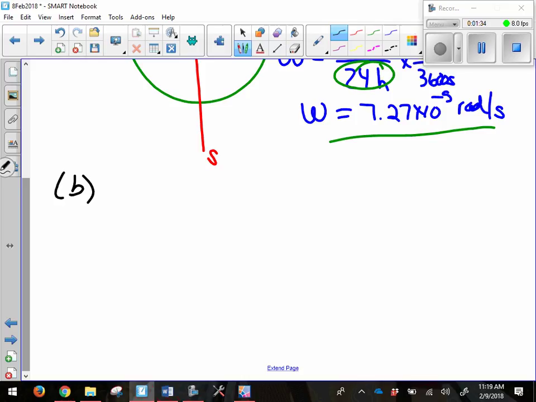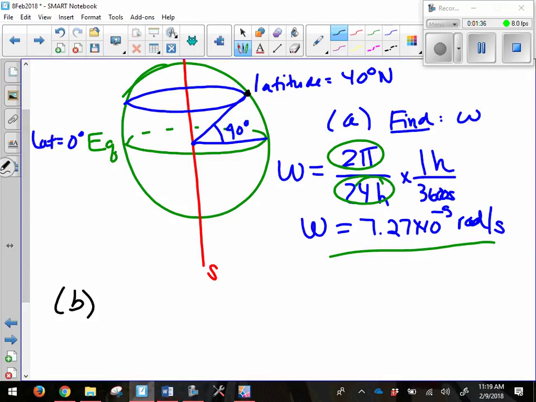Okay, so I'm still looking at my point up here, but now I want to know what the linear speed v is. What we did right before we started this problem was to talk about the relationship between linear or translational quantities like s or x and v and a, and the angular quantities, which are theta and omega and alpha.